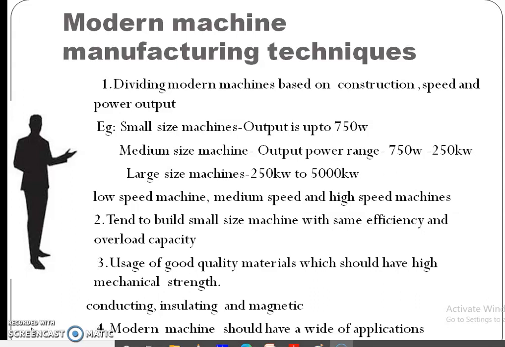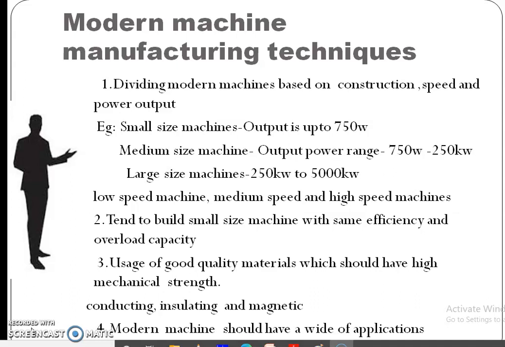In manufacturing that machine, what are the modern manufacturing techniques they are using nowadays? What kind of changes are required to do that? Because demand is increasing nowadays, we need to generate more and more electricity. For that we need to design more and more machines of different ratings, not only for the generation part but also for other kinds of demands.